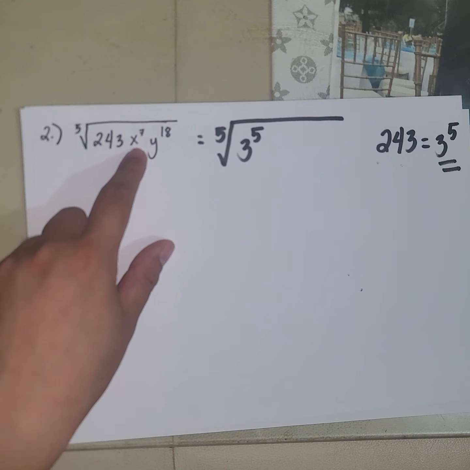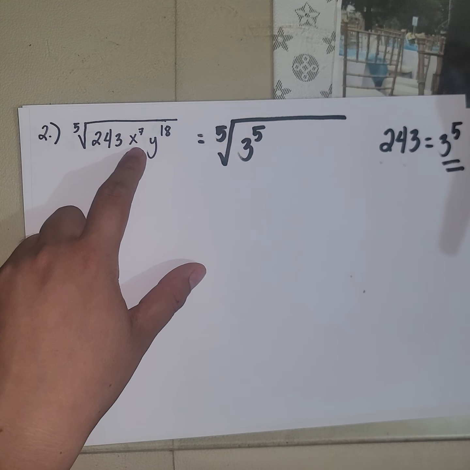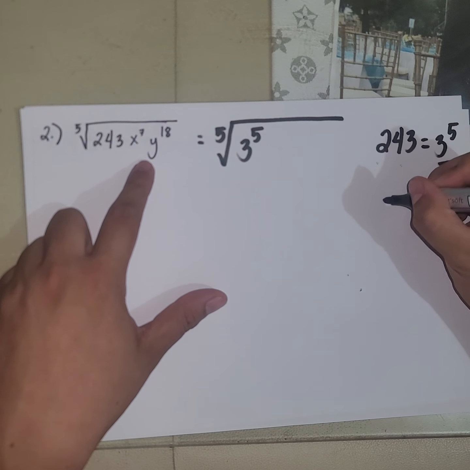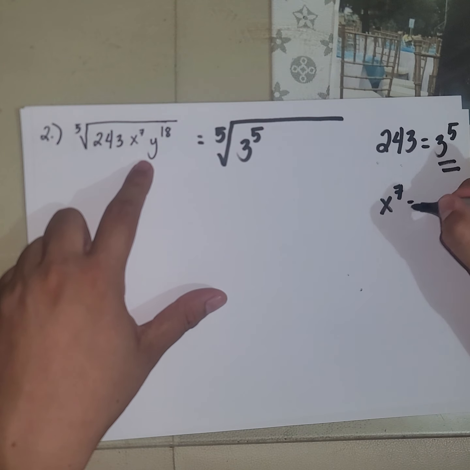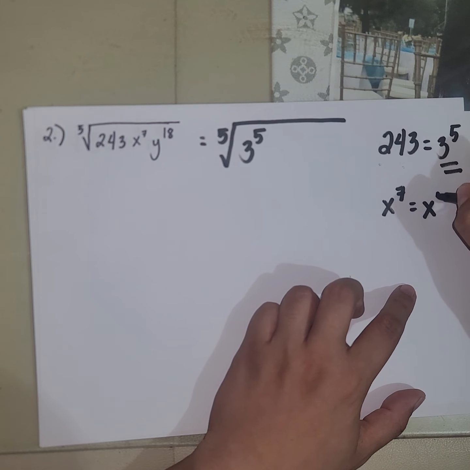Next, an x raised to 7. We factor natin x raised to 7 using the product rule of exponents. Tandaan lang to ha. X raised to 7 is equivalent kay x raised to 5 times x raised to 2.